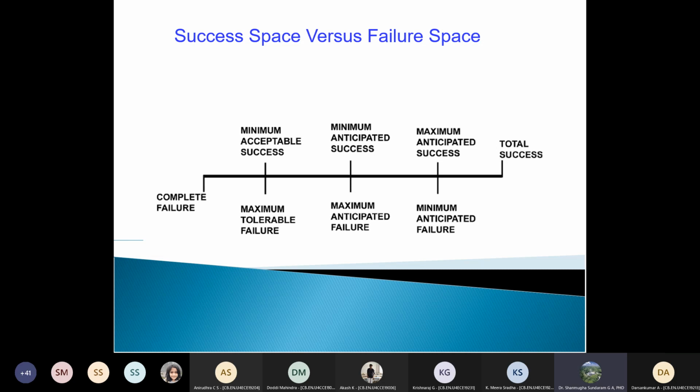And FTA also optimizes the test and maintenance procedures because of the level of resources that are required for the testing and the maintenance aspects. Rationalizing the use of such resources is again one more attribute that is identified as part of the fault tree analysis procedure.